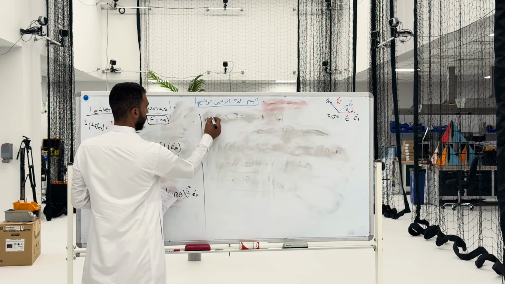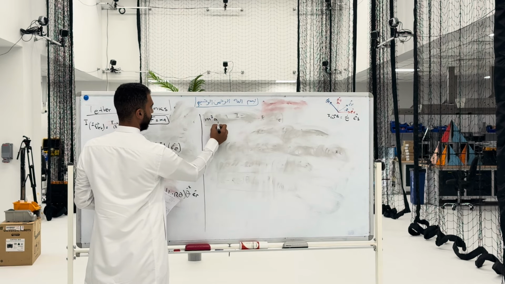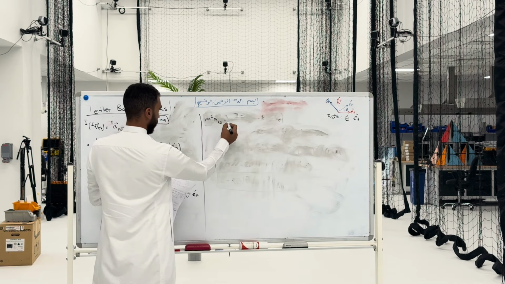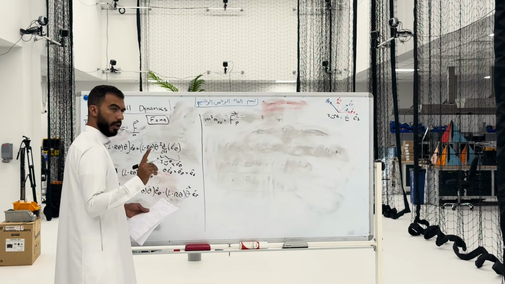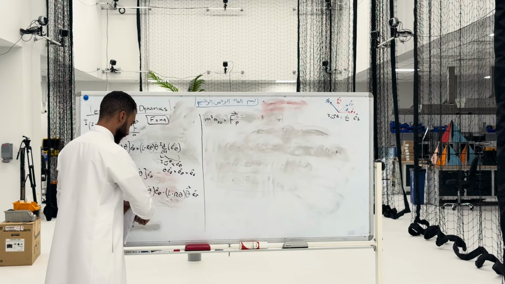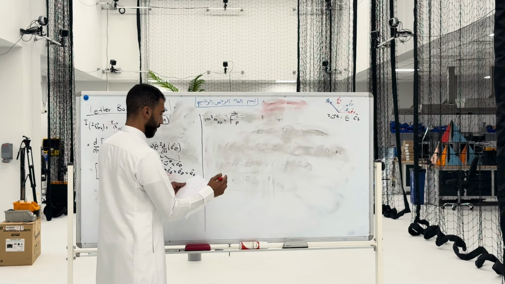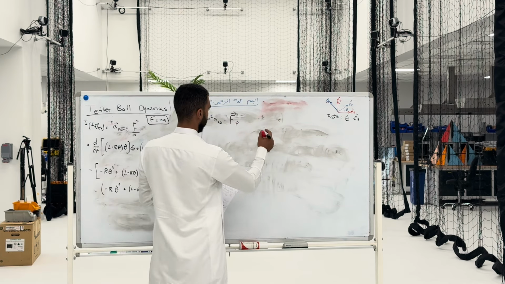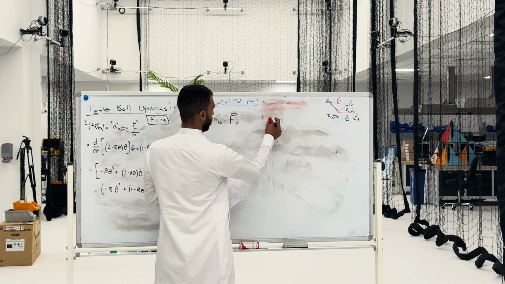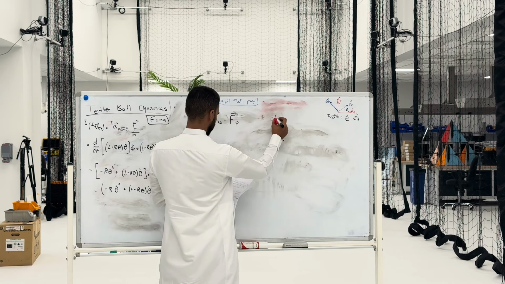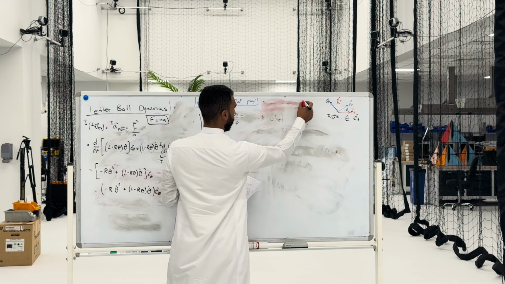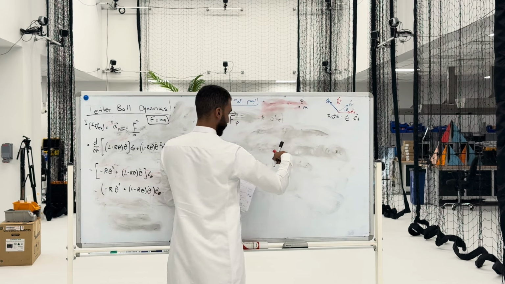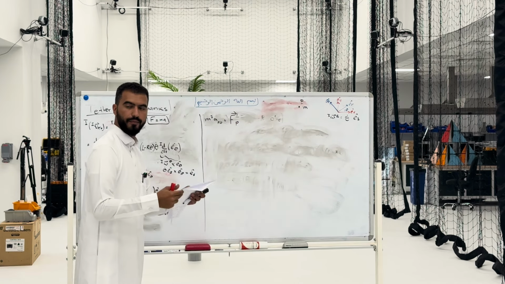The mass times the inertial acceleration is equal to the sum of forces on the point P. Now let's draw the free body diagram. Imagine this is point O prime. This is the mass, point P. What forces do we have?